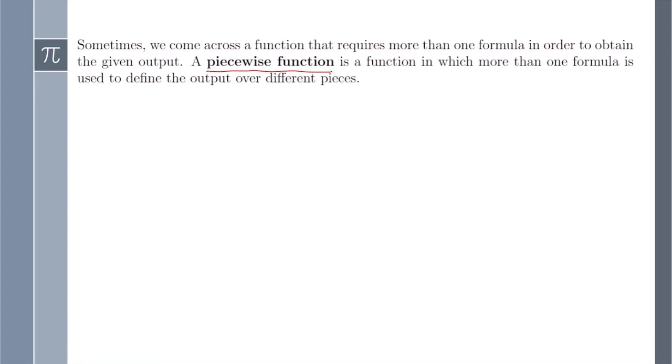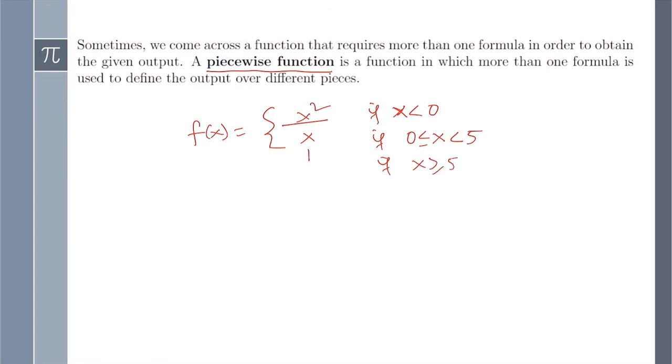For example, f of x equals x squared if x is less than 0, then x if x is between 0 and 5, or constant 1 if x is greater than or equal to 5. So we have pieces of the function for different intervals in the domain. That type of function is called a piecewise defined function.